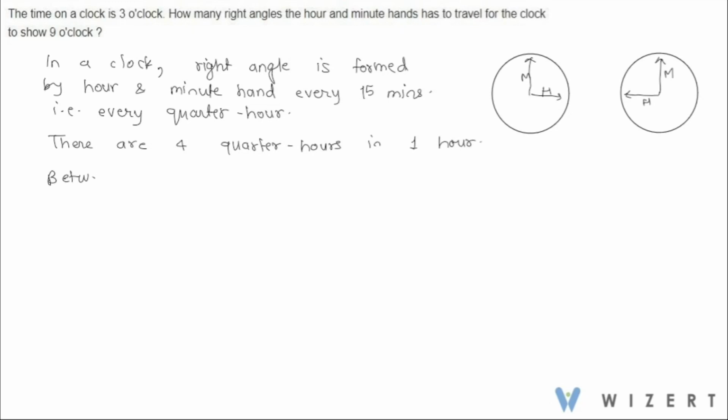Between 9 o'clock and 3 o'clock, we have 9 minus 3 equal to 6 hours, which have 6 into 4 equal to 24 quarter hours.